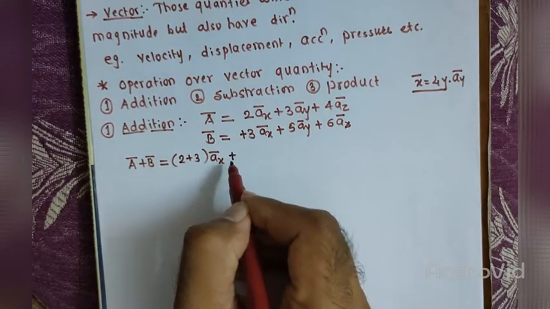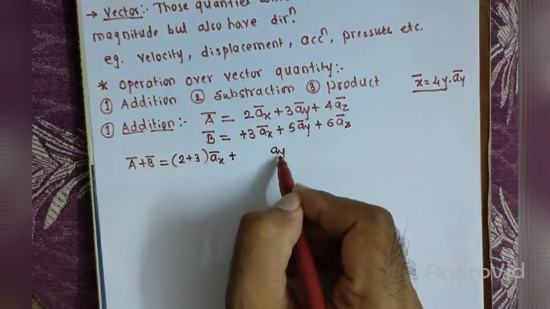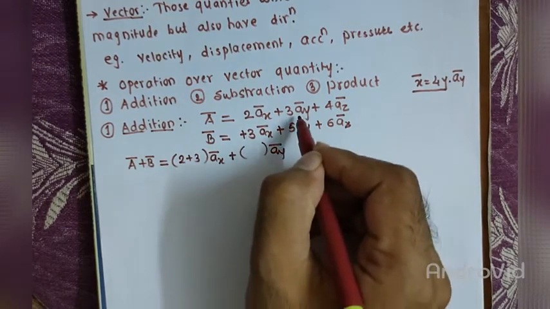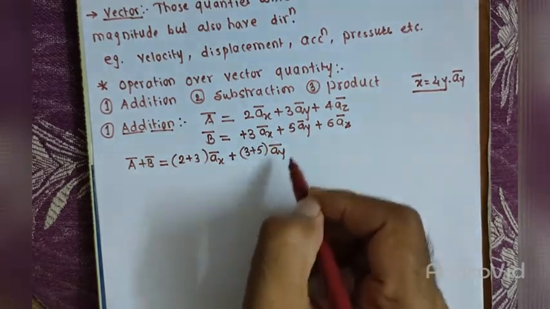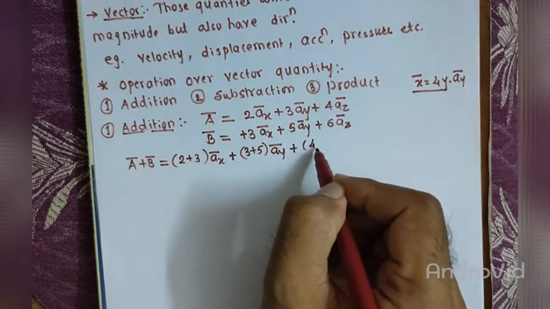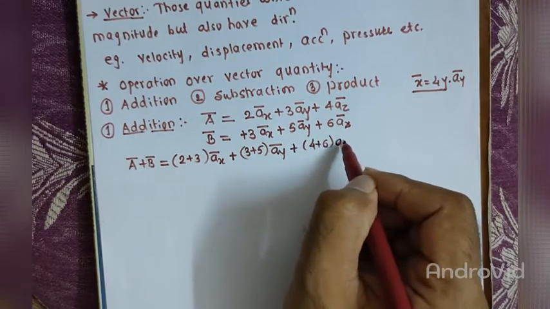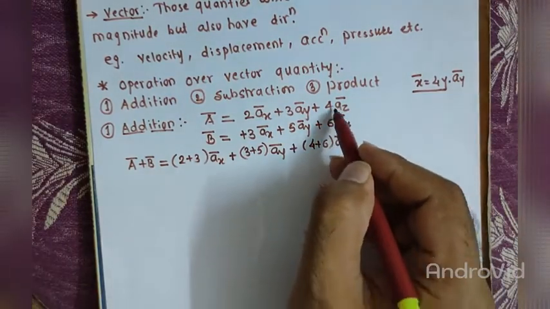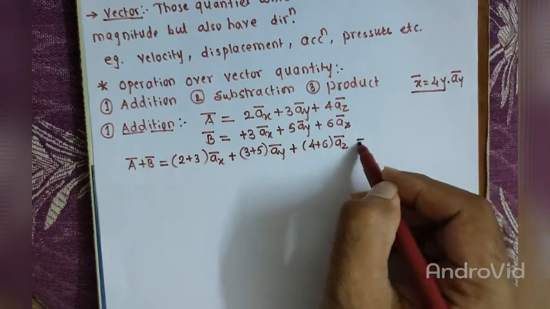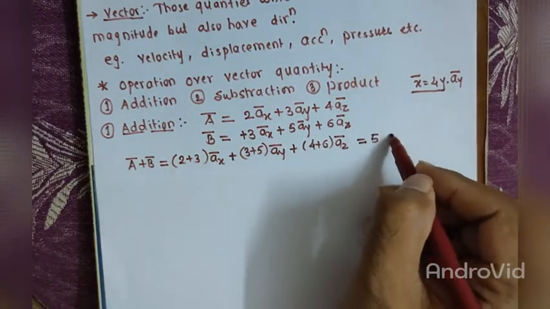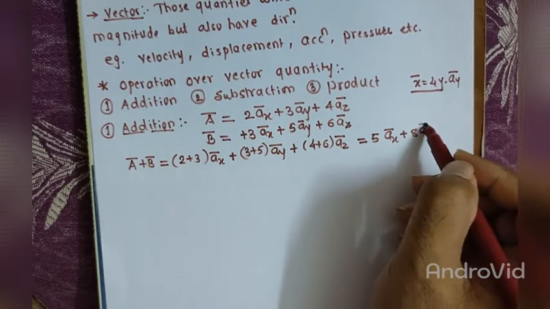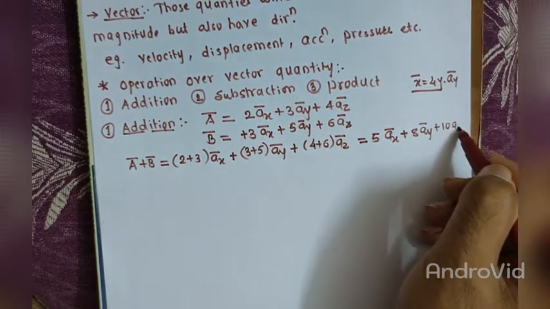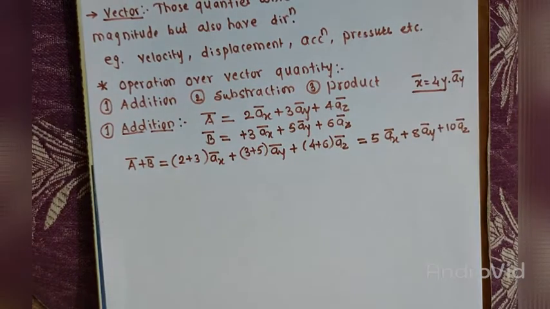Similarly, the next common one is ay bar, with coefficients 3 in a bar and 5 in b bar, plus 4 plus 6 az bar, because az bar is common. So what will be the final value? 2 plus 3, 5 ax bar plus 8 ay bar plus 10 az bar. This is the way to add two vectors.